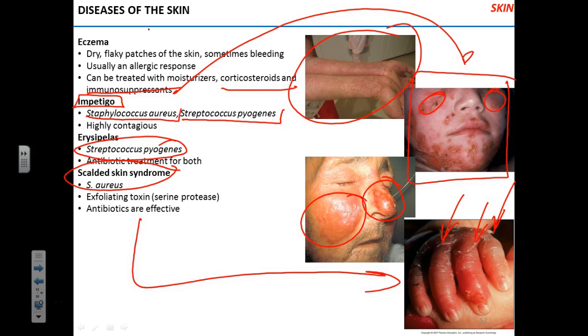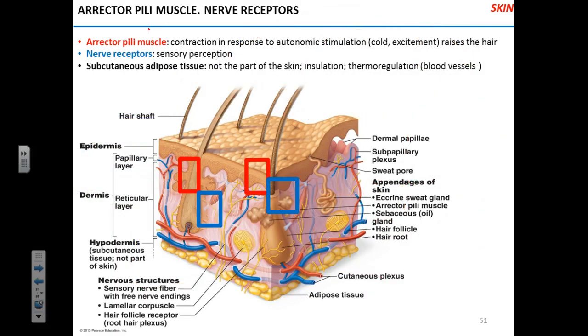Speaking of scalded skin syndrome, the mechanism of the disease is quite fascinating. Staphylococcus aureus produces a so-called exfoliating toxin, an enzyme, a protease, that breaks down proteins. Let me go back for a second and remind you what our skin looks like. It has a superficial epidermal layer, right?